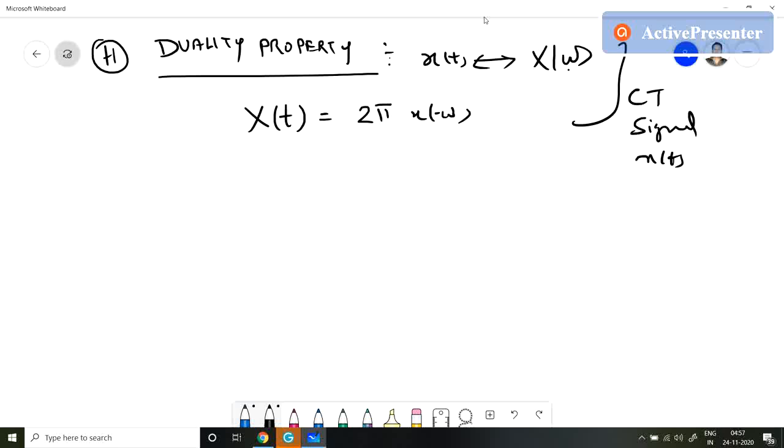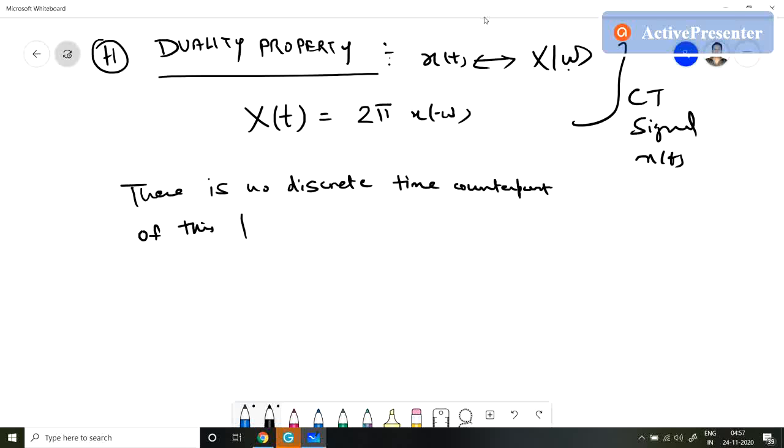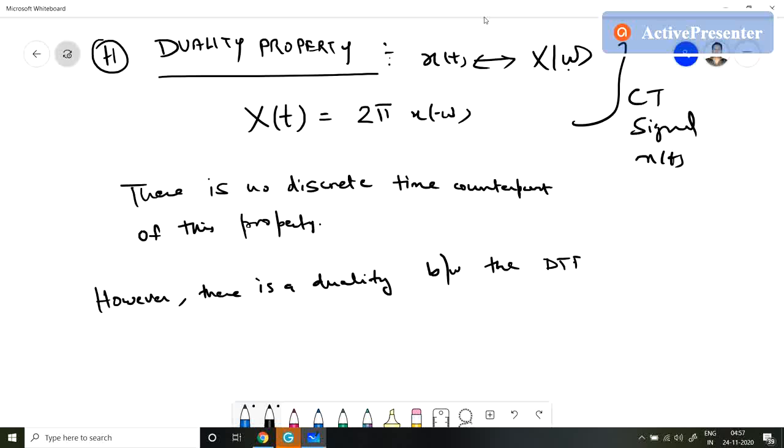So basically there is no direct discrete time counterpart of this property in the case of discrete time signals. However, there is a duality between the discrete time Fourier transform and the continuous time Fourier transform.